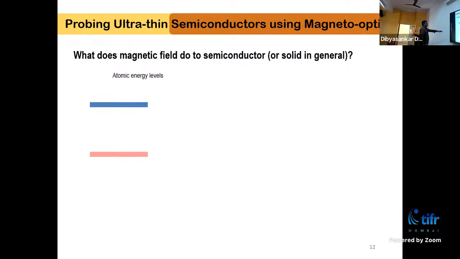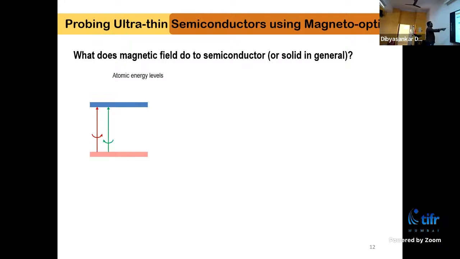If you consider just two such levels, and you probe this system with two circularly polarized lights, one rotating like this, another rotating like this, there are two circular polarizations. If you probe the system with those circularly polarized lights, you'll see no difference. Same energy. If you do any measurement, they will give the same result.